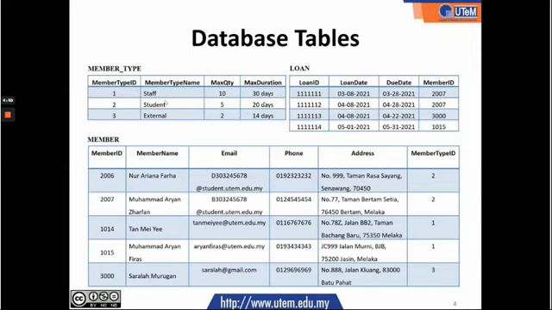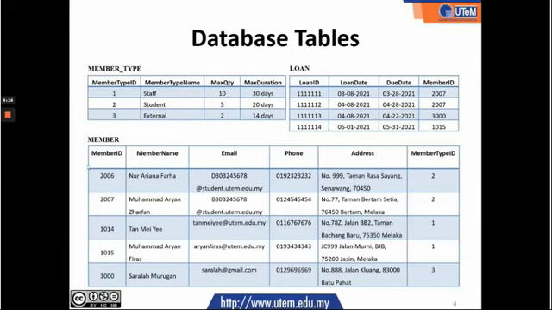For example, each staff may borrow a maximum of 10 books at a time, and each loan expires on the 30th day. You may refer to these tables to see the maximum number of books and the maximum number of loan days for students and external members.